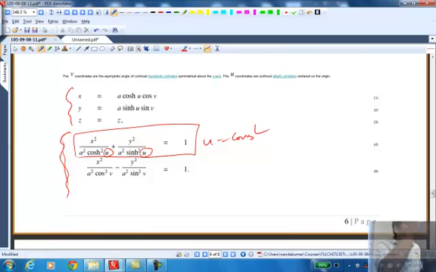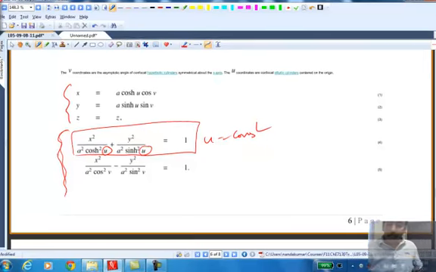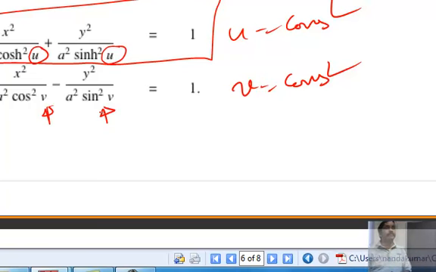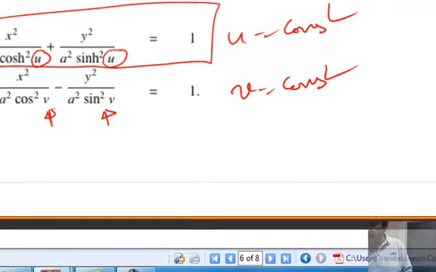An ellipse. And that's how we draw those coordinate systems. Similarly, if we keep v as constant in the second equation, that represents a hyperbola. So we can trace those curves from these two equations. A constant value of u gives you one coordinate curve. A constant value of v gives you an orthogonal coordinate curve that will be perpendicular to it at the point of intersection.